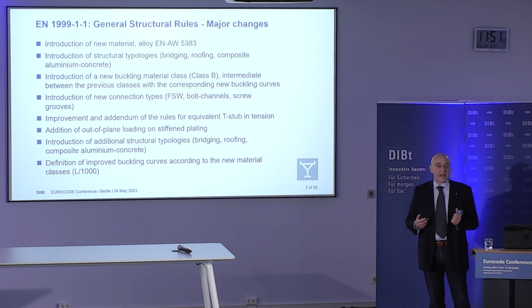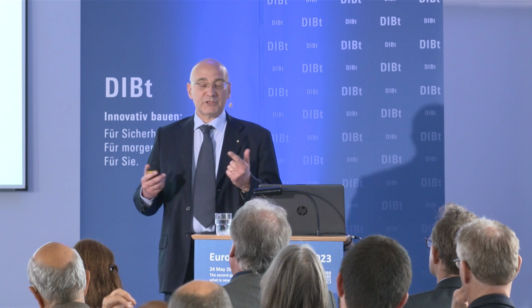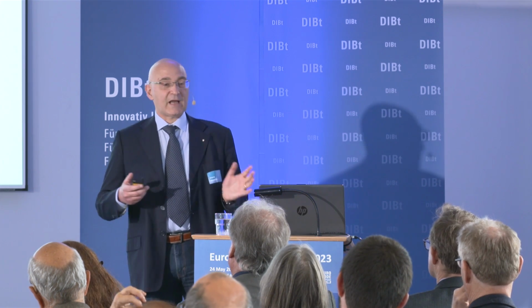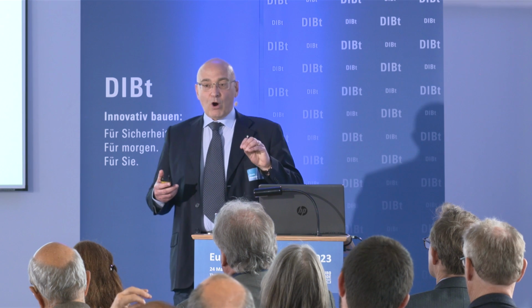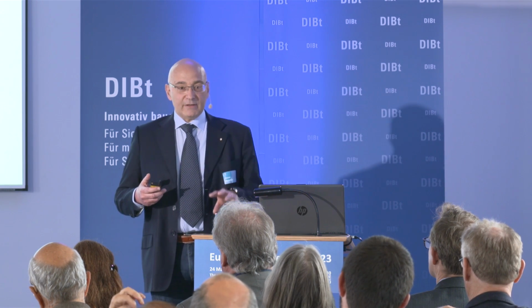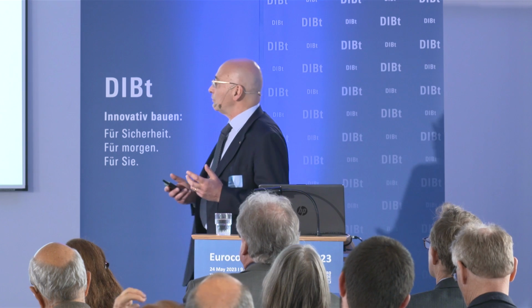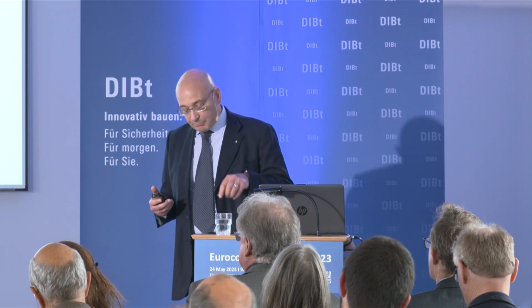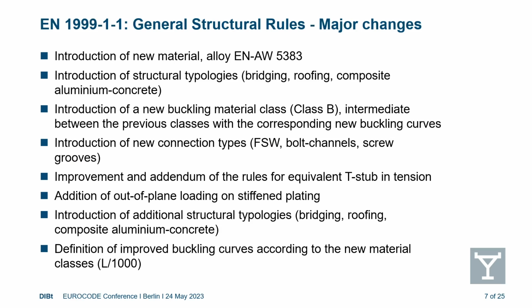Aluminium is a very expensive material, and it can be competitive with other materials, namely steel and stainless steel and so on, only if we optimize some details. And the connection is one of the details which it is more possible to move in order to find an optimization of cost.